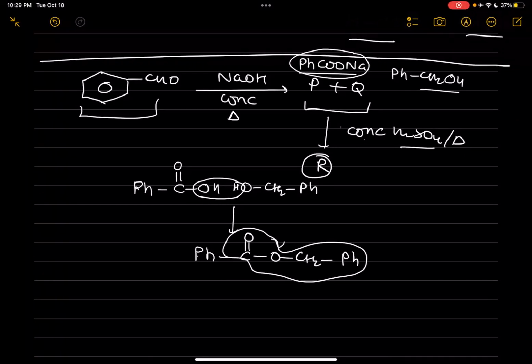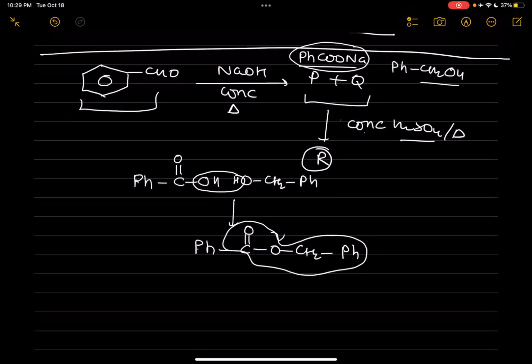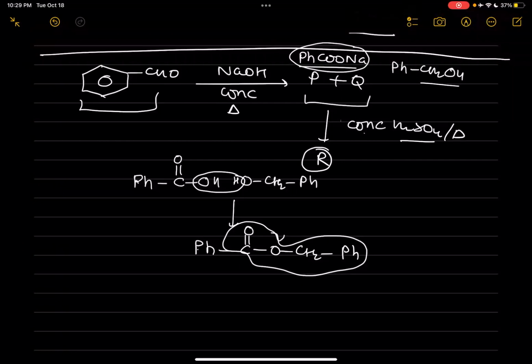This is ester. So what are the characteristics of esters? Carboxylic acid, acid anhydride, acid chloride, and esters.